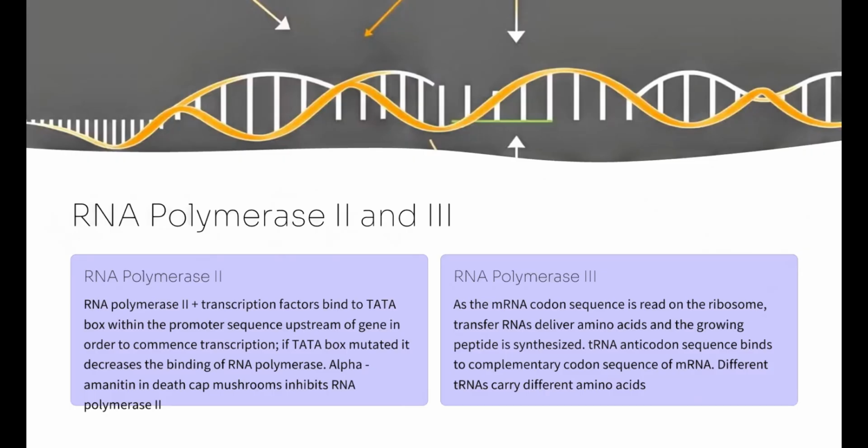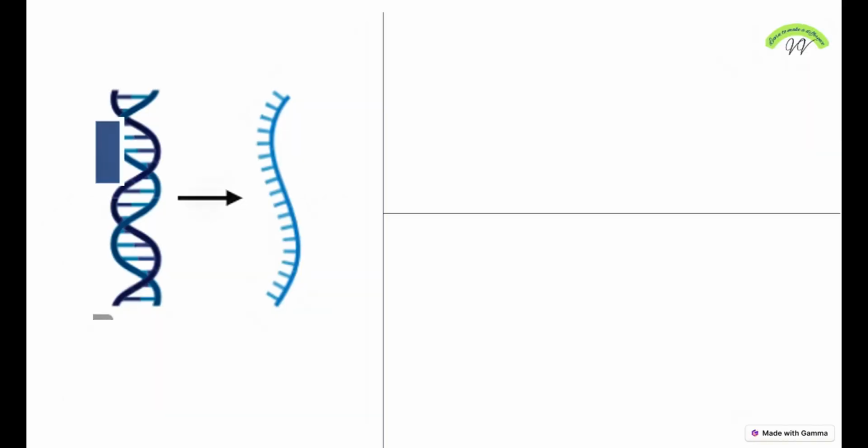Let's learn about RNA polymerase 2. How does it produce this mRNA? Say this is the promoter region where we will have the TATA box in it, and this is the mRNA that is produced. RNA polymerase 2 along with some transcription factors will bind to this promoter region, and transcription, which is conversion of DNA to mRNA, will happen a few nucleotides downstream.